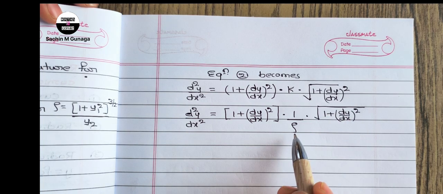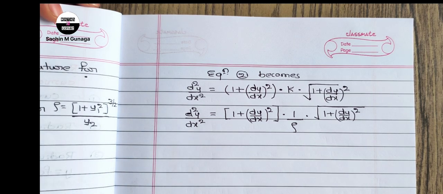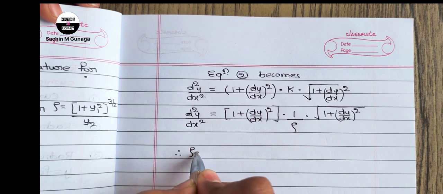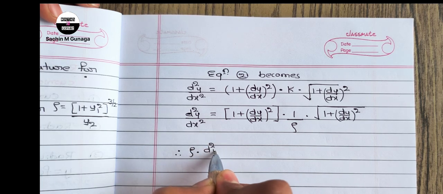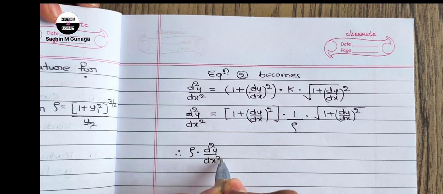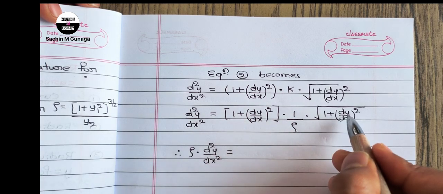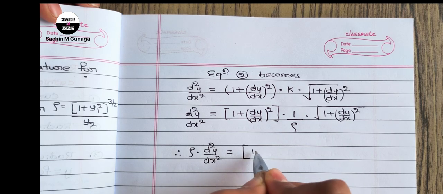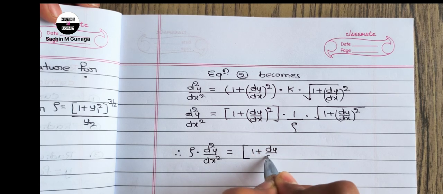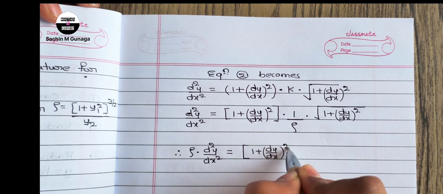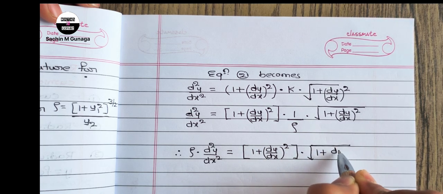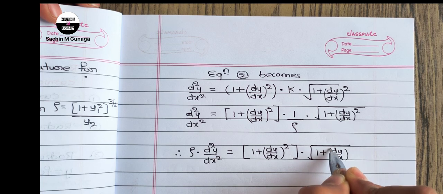Next, we need the radius of curvature, therefore I am going to do the cross multiplication. So rho into d square y divided by dx square is equal to, on the right hand side, the remaining value: bracket 1 plus (dy divided by dx) whole squared into square root of 1 plus (dy divided by dx) whole squared.